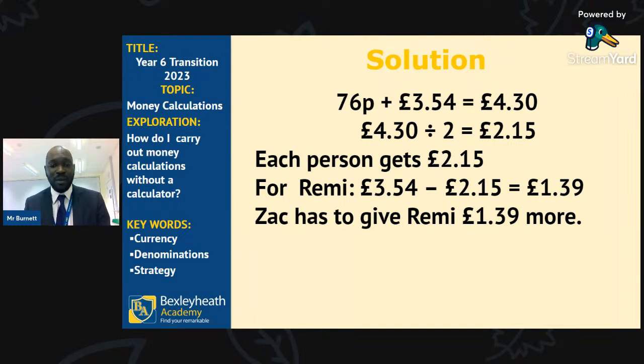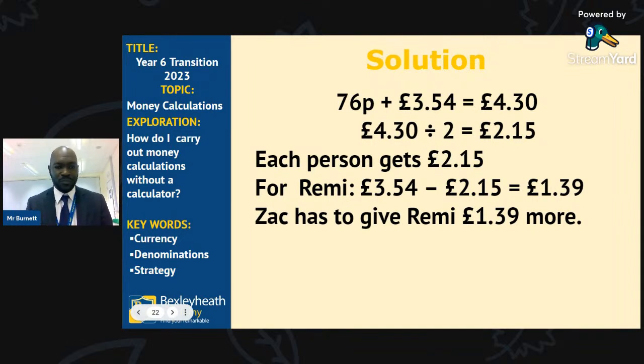All right, so Zach will have to give Remy £1.39. So that is our solution. First, pool the money together, find how much each person will have at the end, and then find the difference. And I hope you are listening to my keywords: sum and total, and then mean, and then difference. All right, so those words mean a lot because it helps us to communicate our maths as to what we're doing.